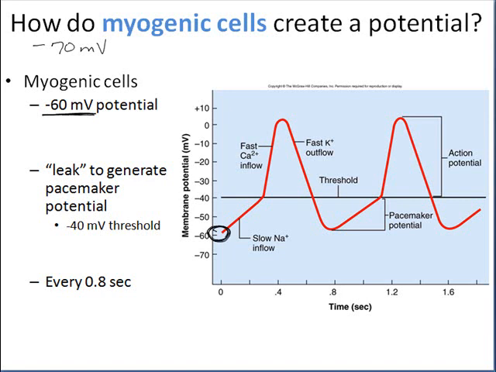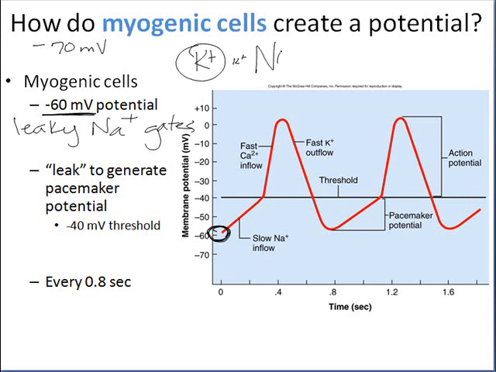Myogenic cells have a unique feature to them, which is that they have leaky sodium gates. These are sodium gates that are open all the time, and they allow for the leakage of sodium into the cell. Remember that if we look at a typical cell, it's high in potassium inside, low in potassium outside of the cell.